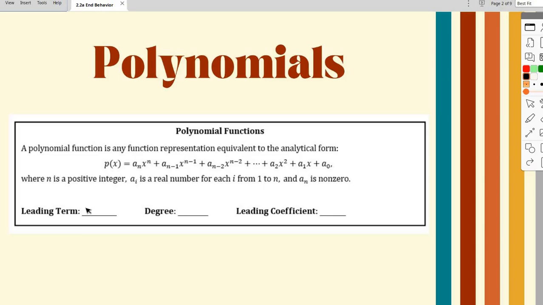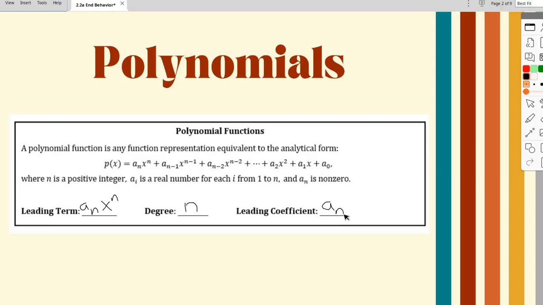The one in the front, right? So I have a to the n times x to the n. Okay. Which is helpful because if I write it in this descending order, that also means that my degree is going to be my biggest exponent, and your leading coefficient is just whatever that number is.